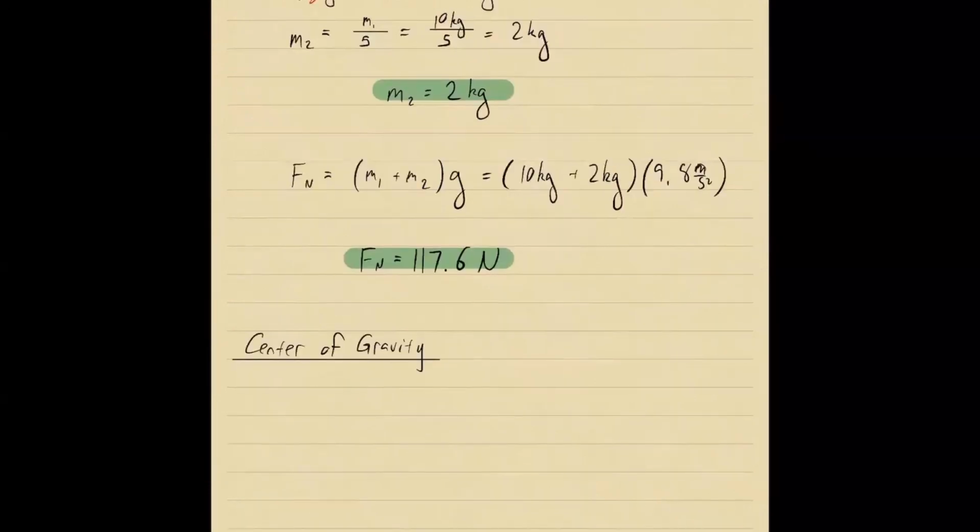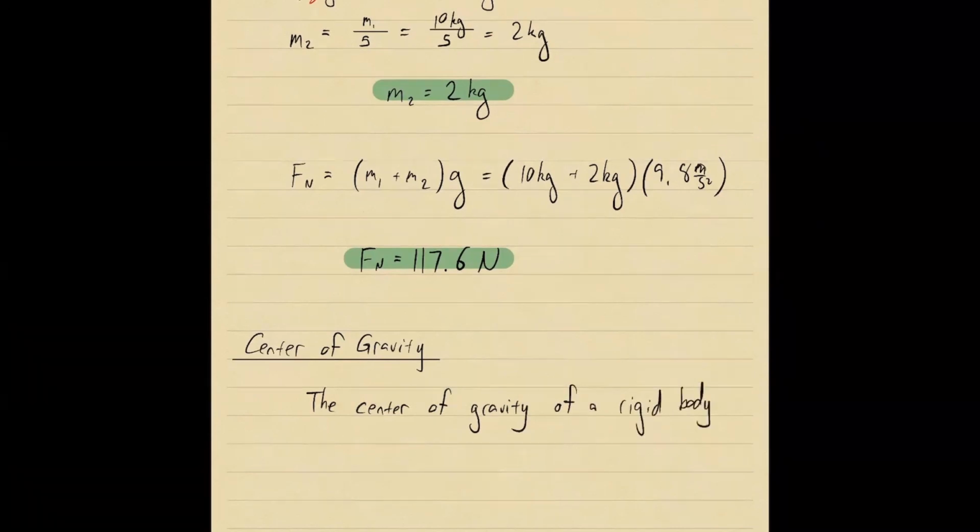So the center of gravity of a rigid body. A rigid body, right? That just means it's not squishy like a sponge. It's not going to deform as you move it.